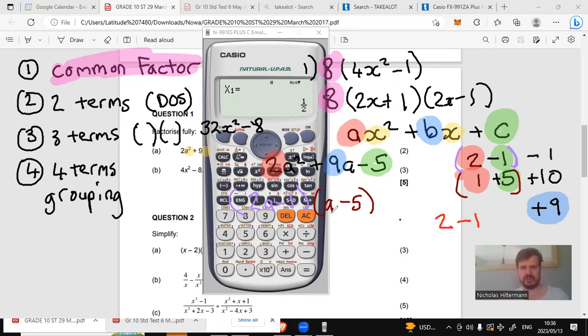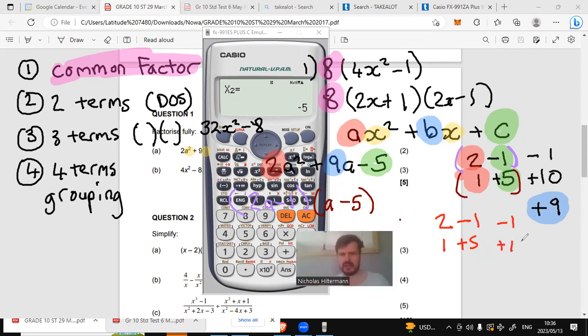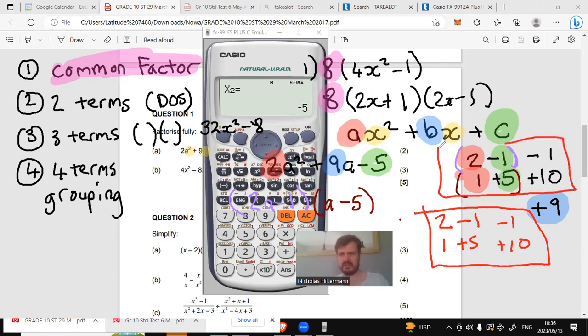Yes. Right. And then I just get the next one, minus 5, which means it's a plus 5. So the other bracket would be 1 plus 5. And so then I get 2 times 1, minus 1 and minus 10. So you see that the calculator just kind of gives you this thing here, which we've got there.